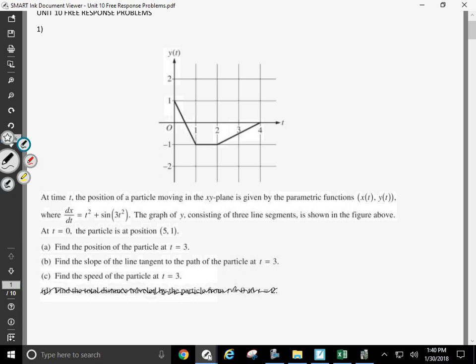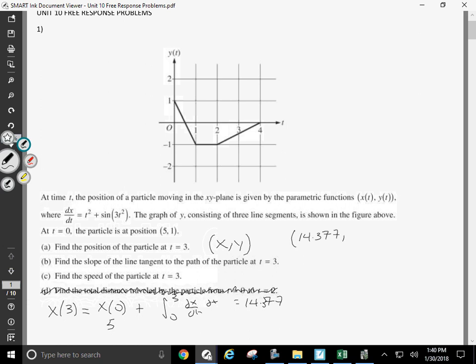If you just provided the x, you did not completely answer the problem. To find the x position, x of 3 equals x of 0, which is 5, plus the integral from 0 to 3 of dx dt. You get 14.377. Okay. Well, that's just the x coordinate.